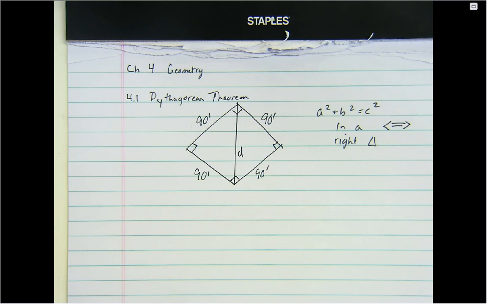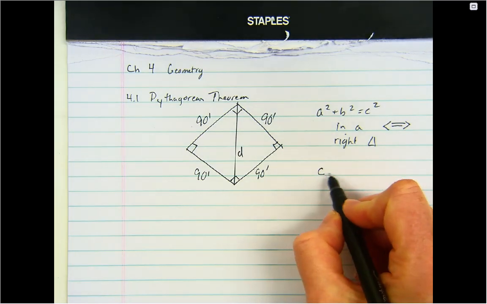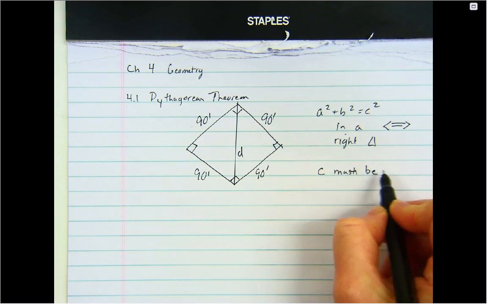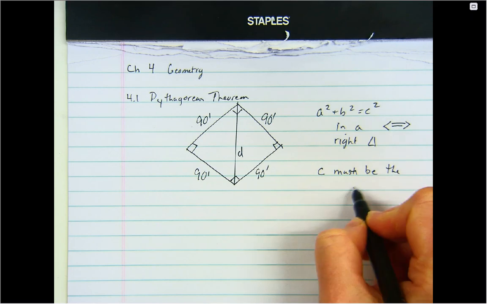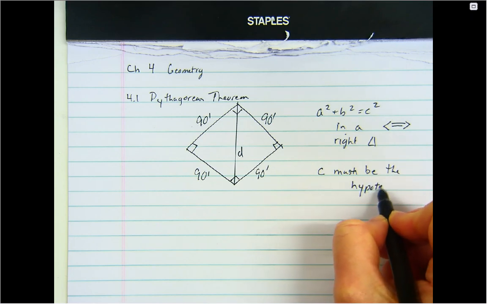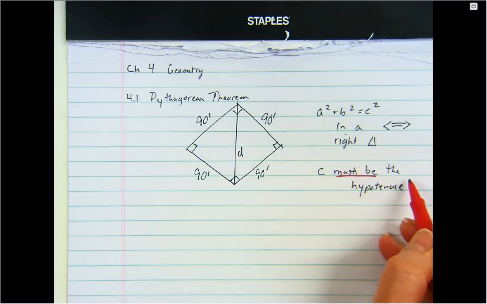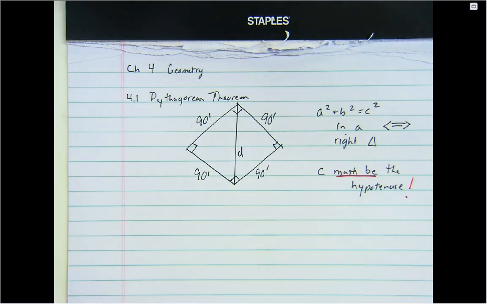So the main thing to be careful of when you're using the Pythagorean theorem is that c must be the hypotenuse.